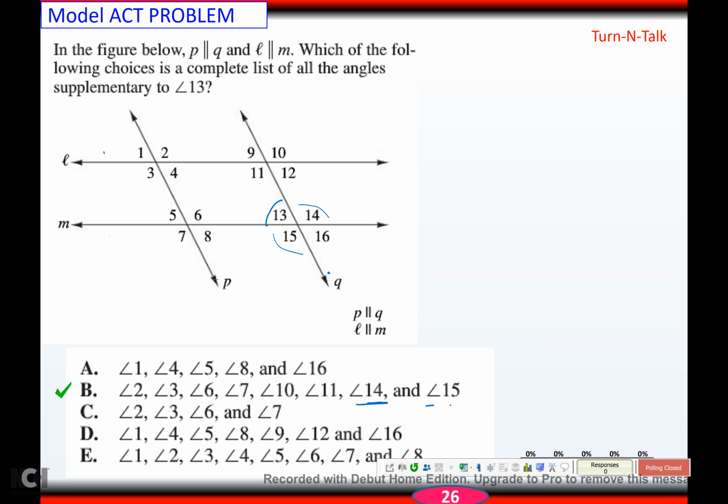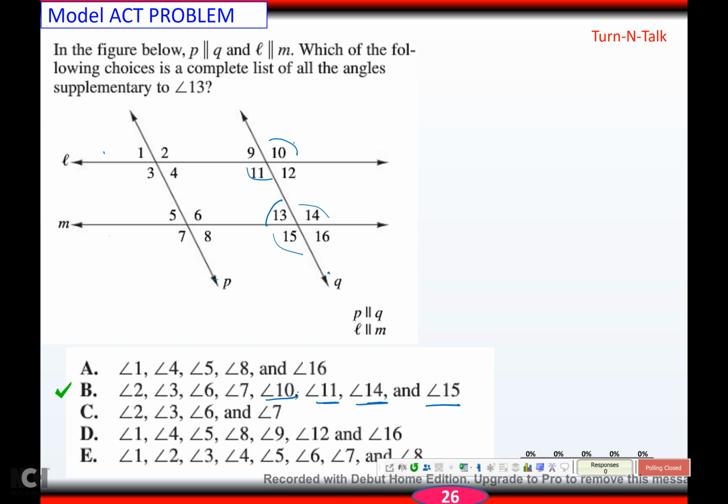Anything adjacent to it, so 15, that's going to give you 180. Let's see, what else do we have? Angle 11, yeah, if you do same side interior, they're supplementary. And since 11 is supplementary and 10 is equal to 11, then 10 is supplementary to 13.